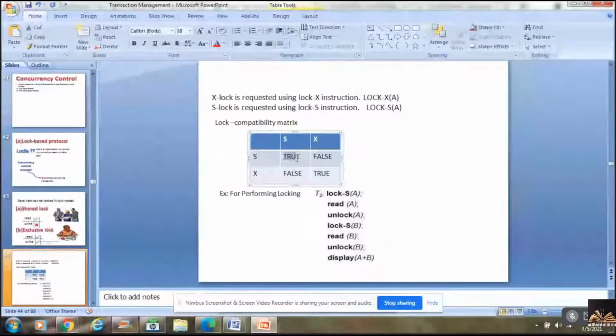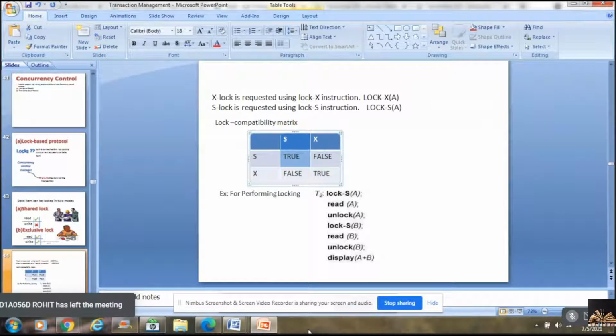So any number of transactions can perform a read operation at the same time. And I cannot give a shared as well as an exclusive lock on a particular database item to more than one transaction. Okay, I can't grant an S lock and an X lock at the same time.